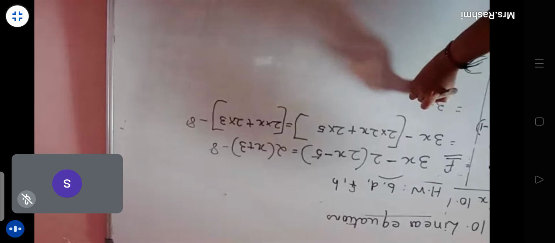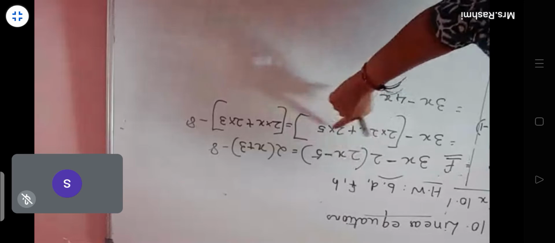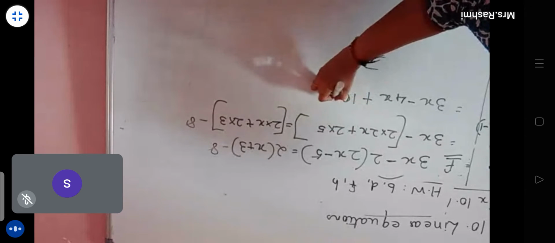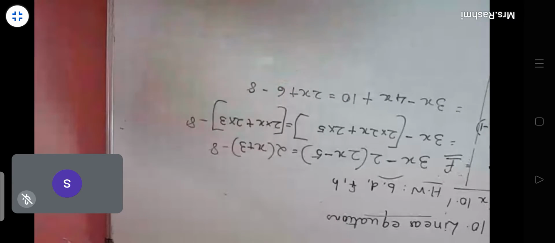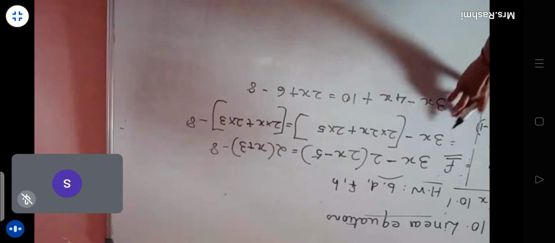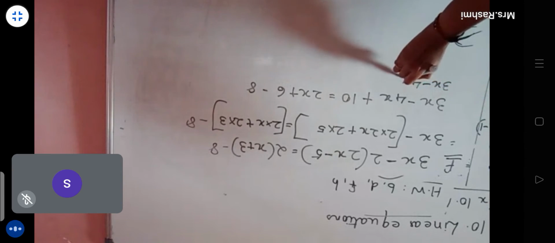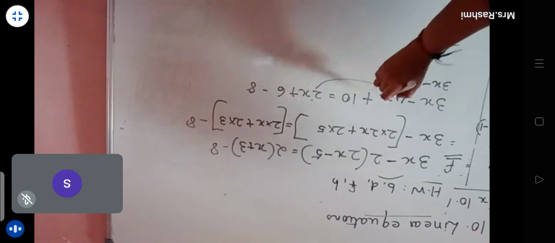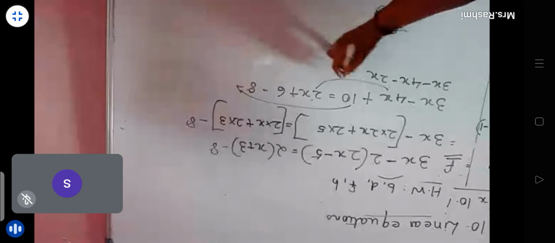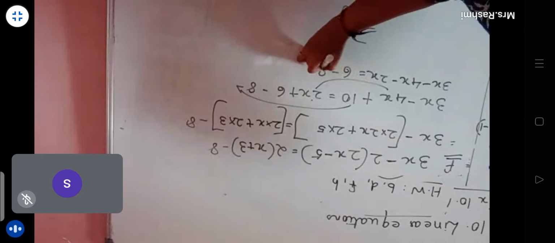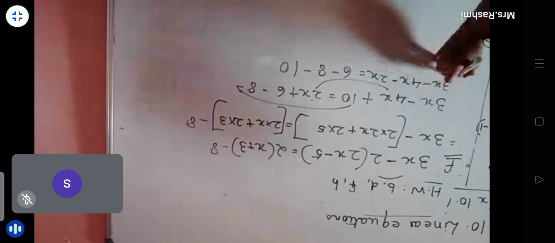So you have 3x minus 4x plus 2 into 5, 10, plus 6 minus 2. Now I'm going to take all the variables together. So 3x minus 4x, and this 2x coming to this side, minus 2x. This 10 going to that side, minus 10. So everything is negative now. The answer also will be negative.